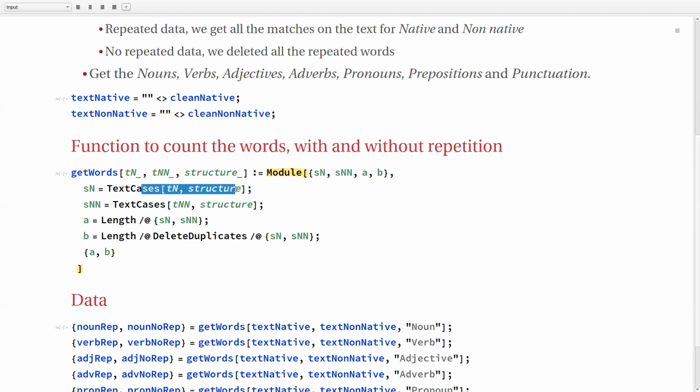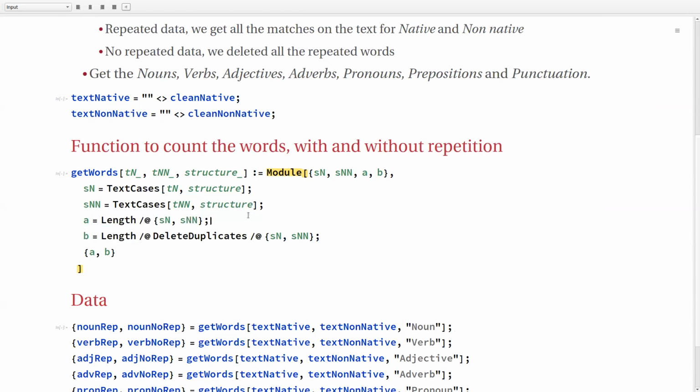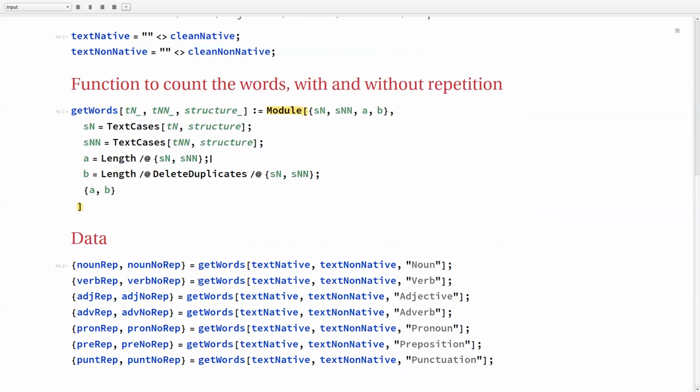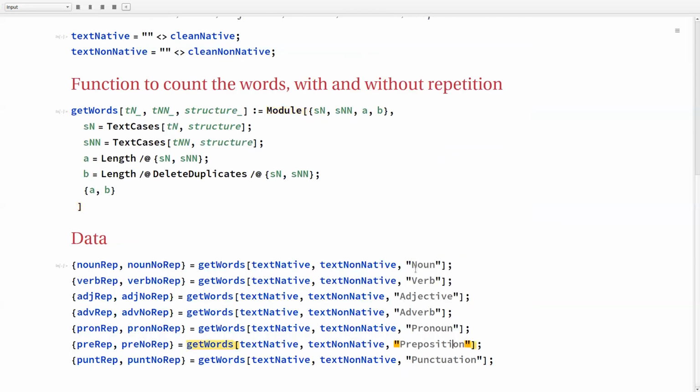Here we get the lexical features, and with the function length, we count the data and get the nouns, verbs, adjectives, etc. So here we got all the data: nouns, verbs, adjectives, adverbs, pronouns.